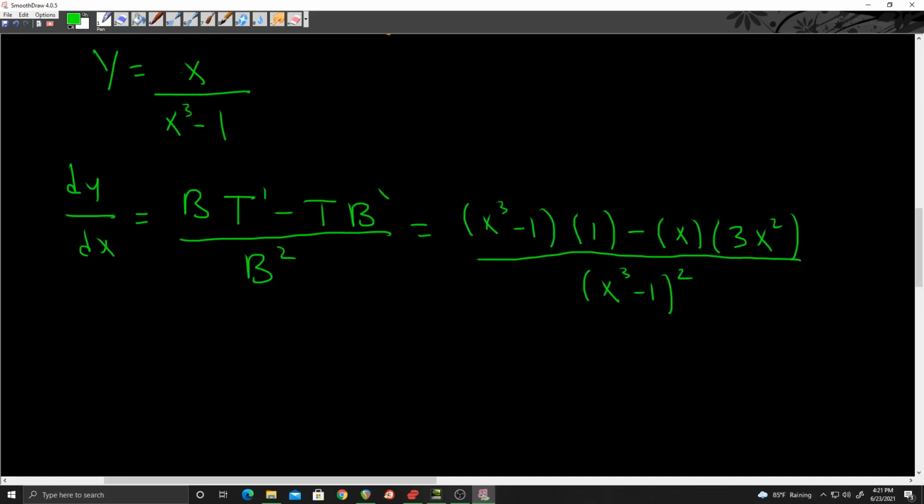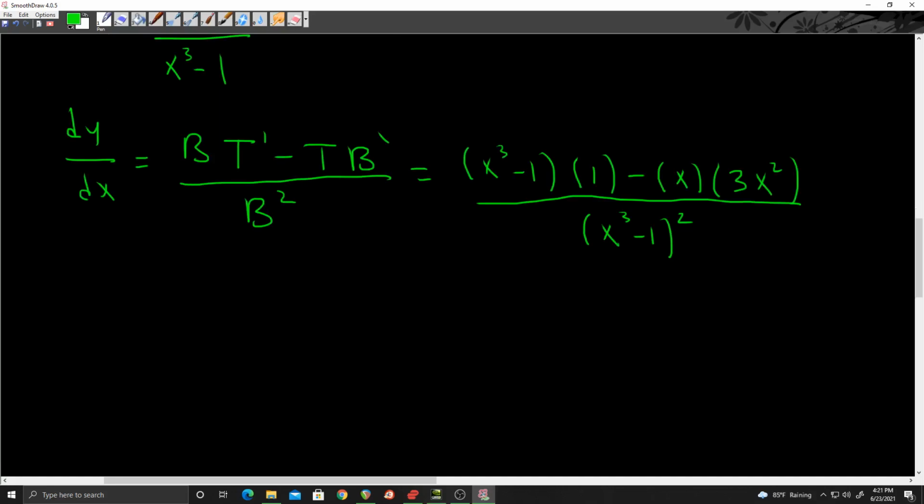This, I have to say, is interesting. Let's see how this works out. We're going to do some algebra now. x cubed minus 1 minus 3x cubed over x cubed minus 1 whole thing squared. And what's this going to be?